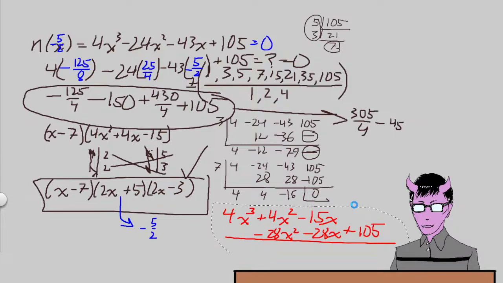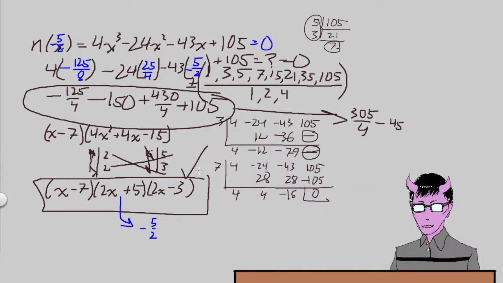That means my plug and chug is incorrect, but let me check my 0 first. So manually set 2x equal to negative 5, divide by 2, x is equal to negative 5 over 2. Yes, that's supposed to be the 0, so that's correct. Which means my evaluation is incorrect somewhere along the way. So let me delete all this clutter.